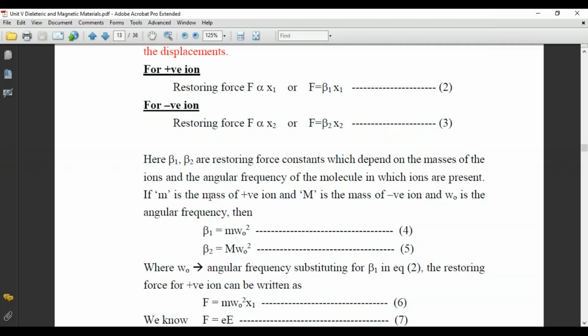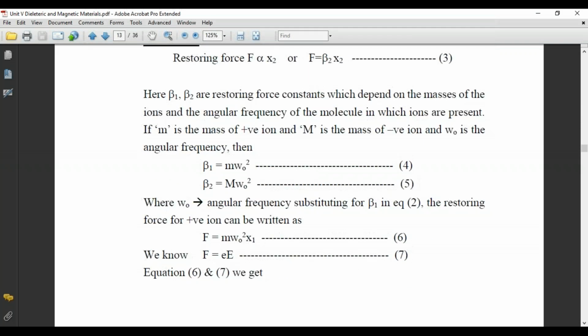Small m is the mass of the positive ion and capital M is the mass of the negative ion. Omega naught is the angular frequency. With reference to the restoring force constants, beta 1 equals m omega naught square, and beta 2 equals capital M omega naught square. That is equation 5. Substituting beta 1 into equation 2, the restoring force for the positive ion can be written as F equals m omega naught square x1.